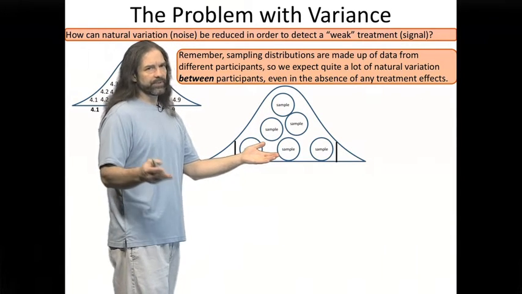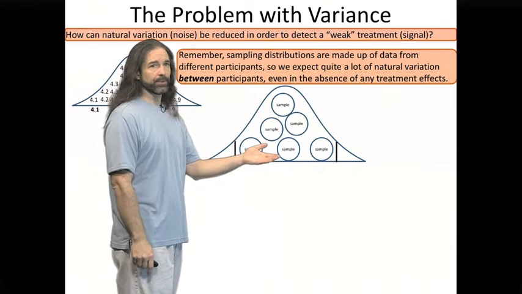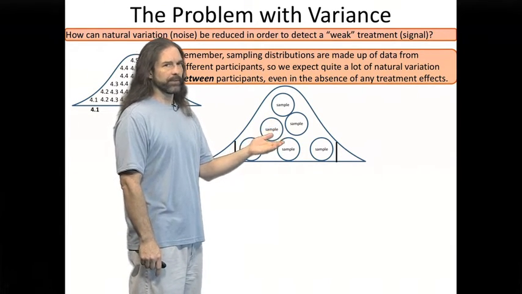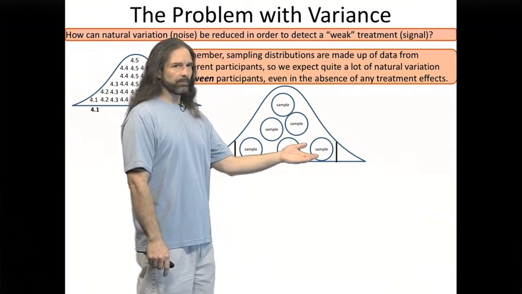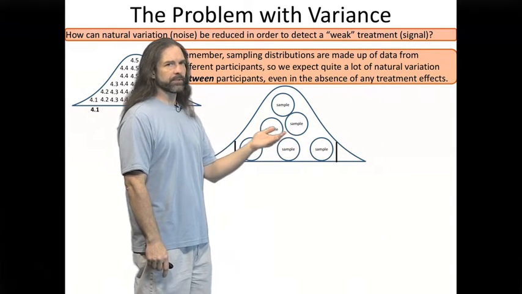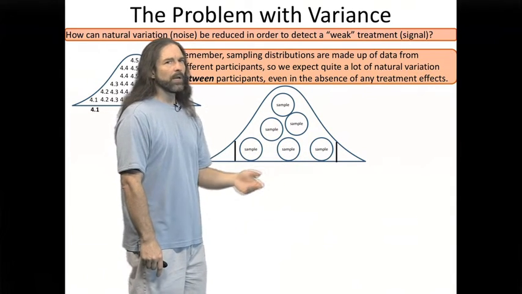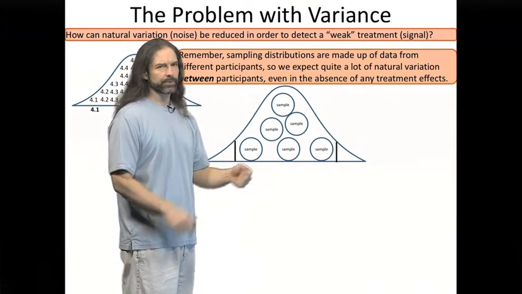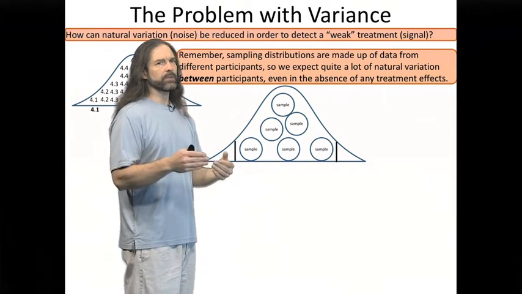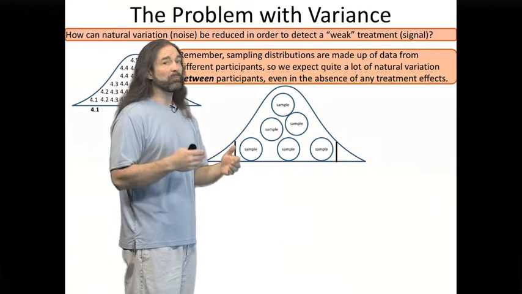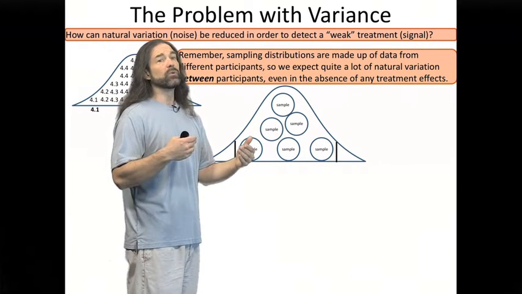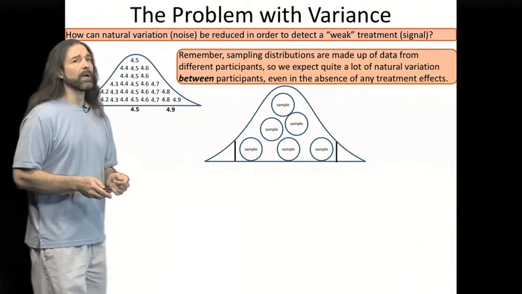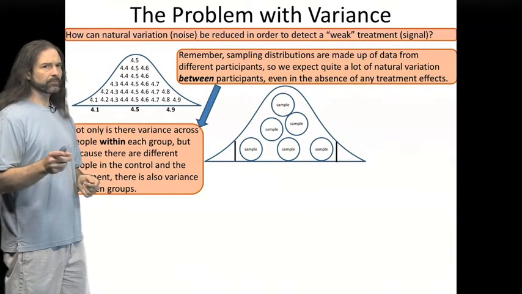So if I'm dealing with, say, two groups, which eventually I will do, then what will happen is I could draw this sample here, and the other sample might be this one here. So you notice, because these are samples of different people, there's going to be natural variation between those two samples. So simply because I am using different groups, I expect there to be measurement difference between those samples, because the samples are comprised of different individuals.